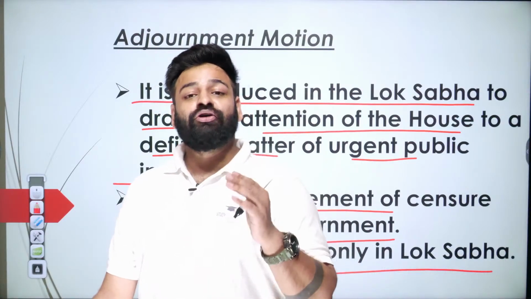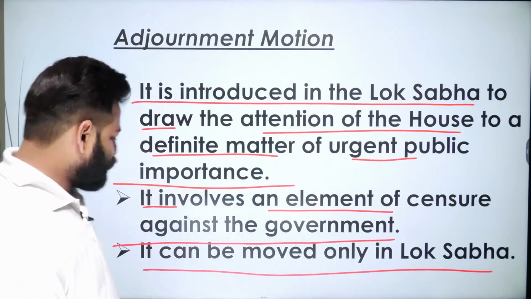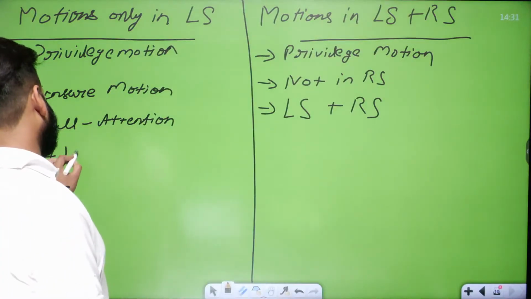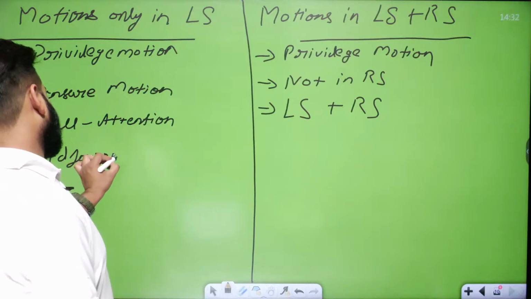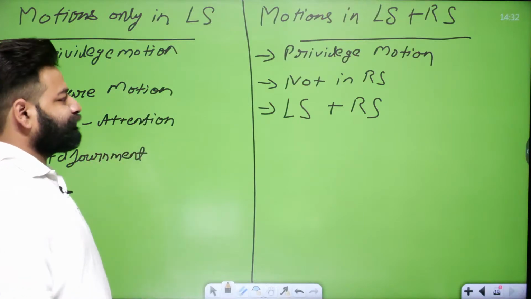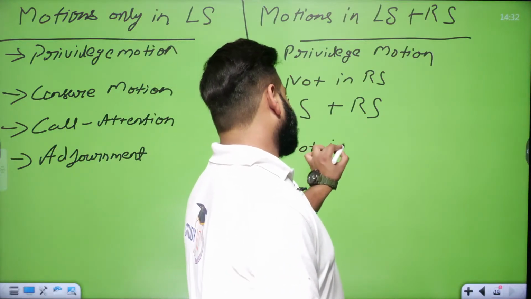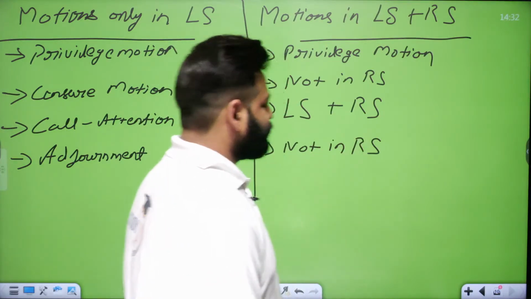Which house? Lok Sabha. So first thing that we need to mark, okay, the adjournment motion, it can be initiated only in Lok Sabha, okay, and obviously not in Rajya Sabha, okay.